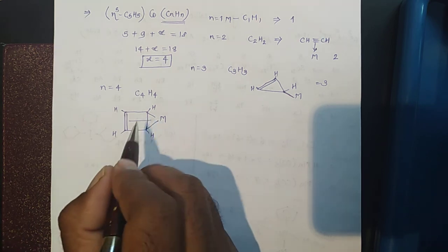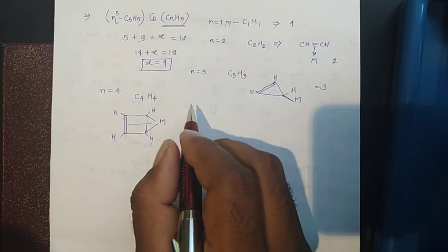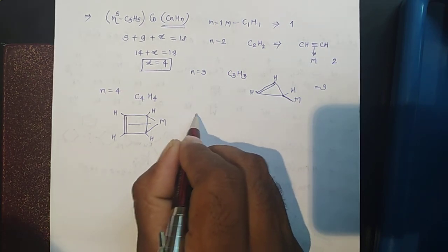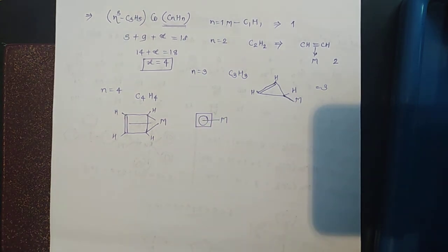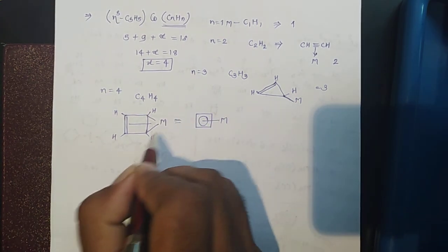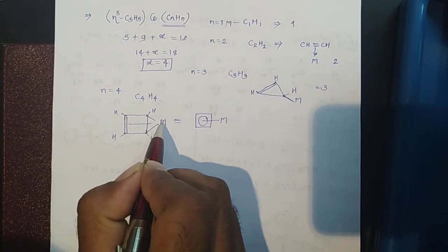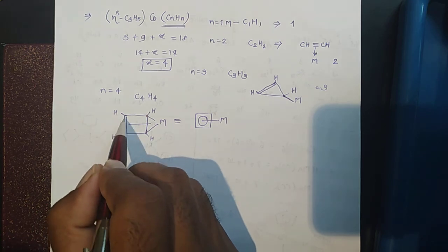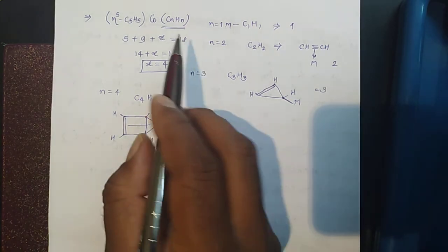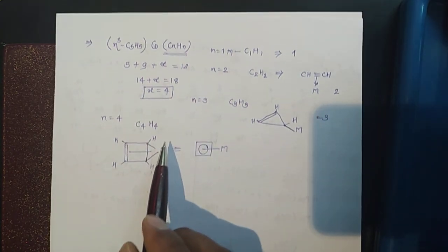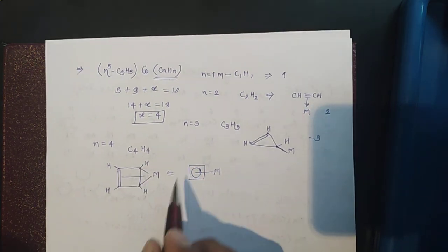We have seen in the last example also, we can directly write it like this. In short form, this carbon will provide 1 electron, this carbon will provide 1 electron, and these two will provide 2 electrons. So in total we need 4 electrons.